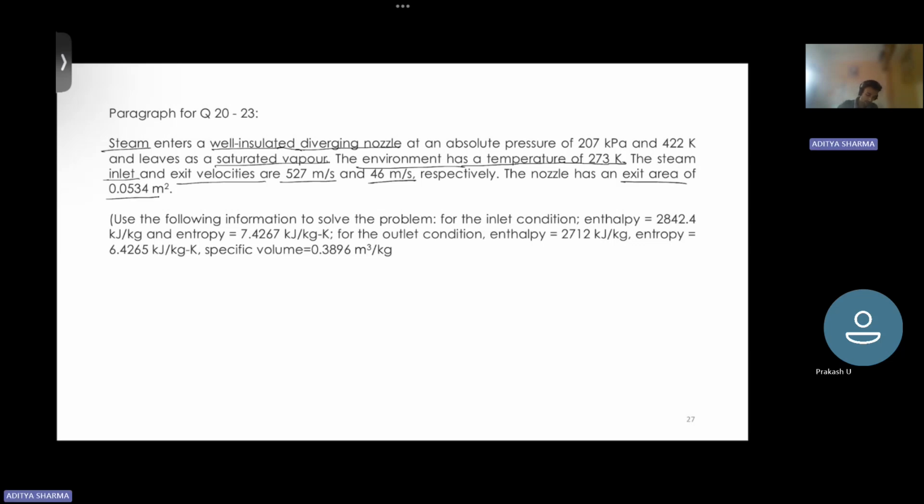Then some additional information is also given. So for inlet, enthalpy is given, and then entropy is given. And same is for outlet, enthalpy is given, entropy is given, and then specific volume is also given for the outlet. Okay, so all these points have been given to us, right?